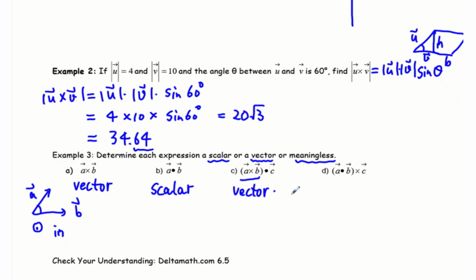A vector dot product with another vector gives you a scalar. The dot product gives you a scalar, and cross with a vector. We don't have the cross product for a scalar with a vector, so this is meaningless.